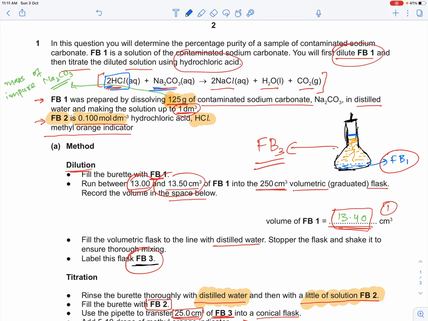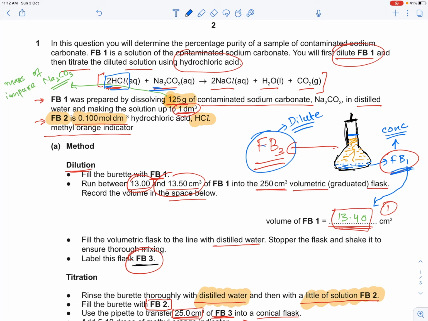So FB3 is the diluted solution and FB1 is the concentrated solution. You already calculated the concentration of the diluted solution, and now they're asking for the concentration of the actual solution. And what volume of actual solution did you take? You took 13.40.